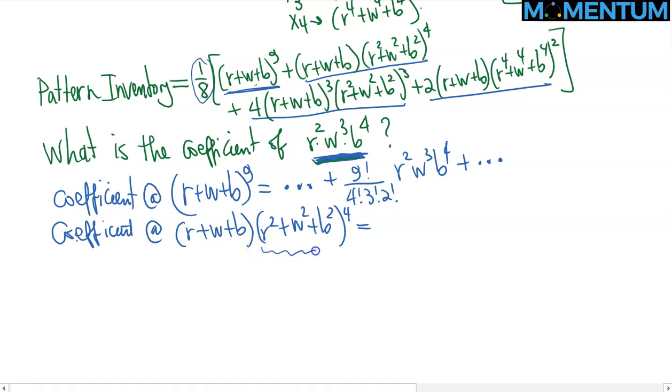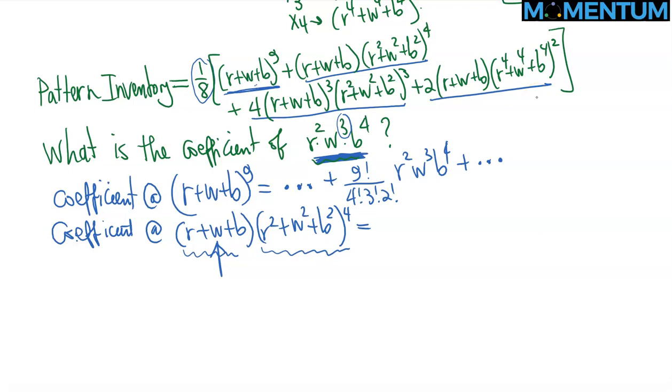Because from the squared expression, you can only get even powers of R, W, and B. And because W has an odd power, from the first factor we have to choose the W. Now, from the second expression, having taken care of one W, we need an R squared, a W squared, and then a B to the 4th power.